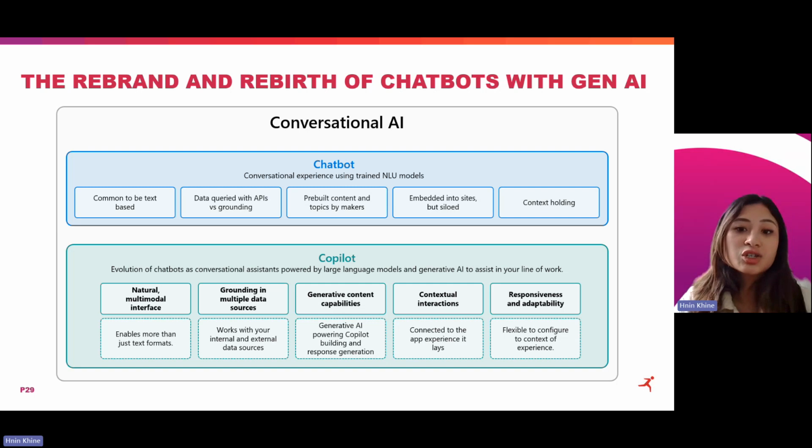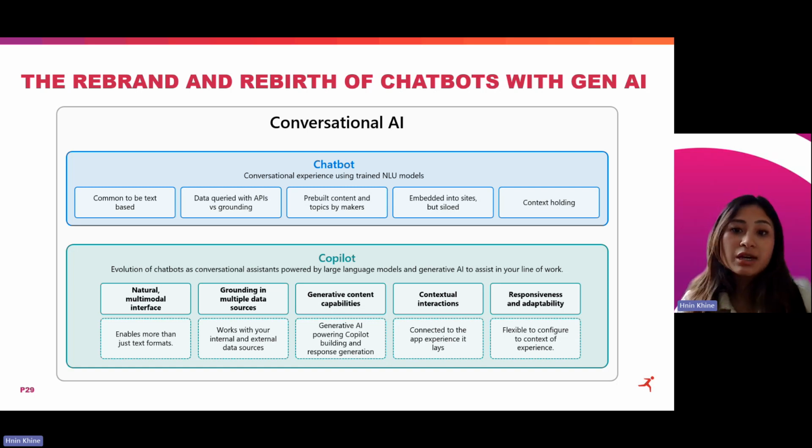Now, with the introduction of Copilot, it has more of a natural and multimodal interface, so it can support more than just text formats. You can work with multiple data sources, whether internal or external, with very minimal configuration required. Again, this can be based on your requirements and exactly what you need.